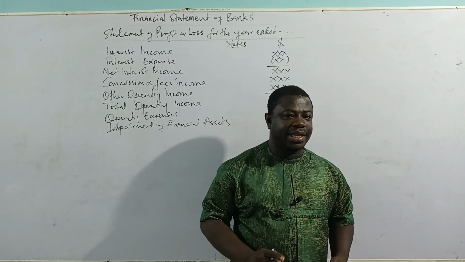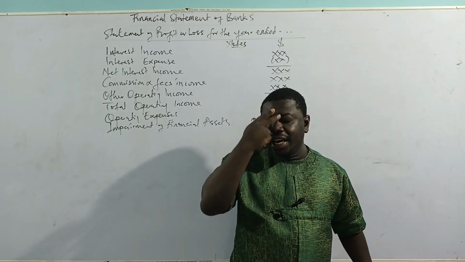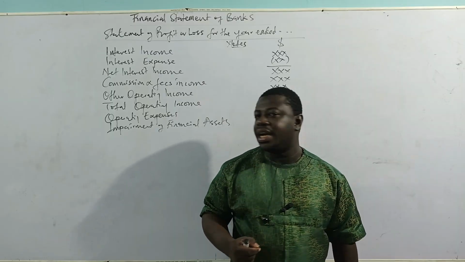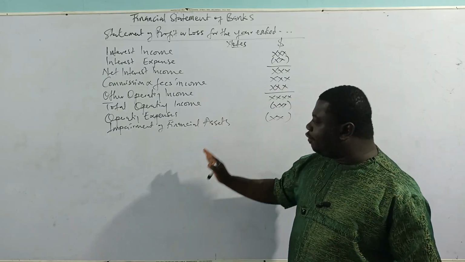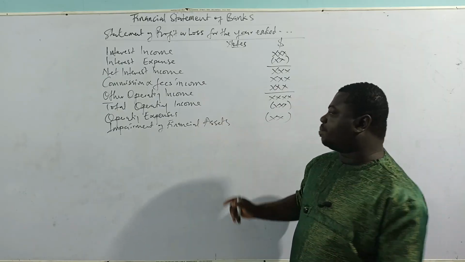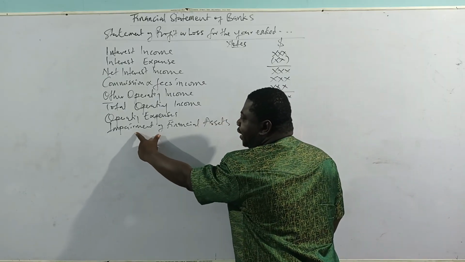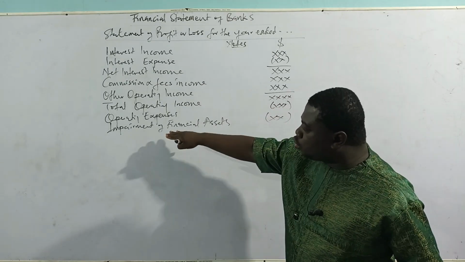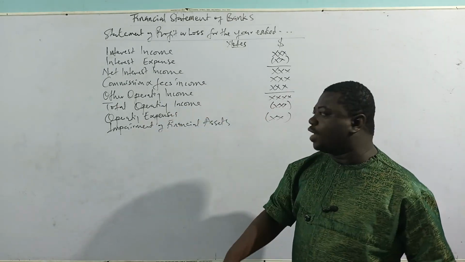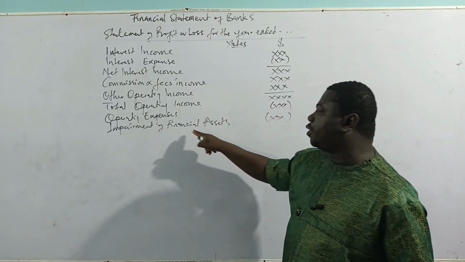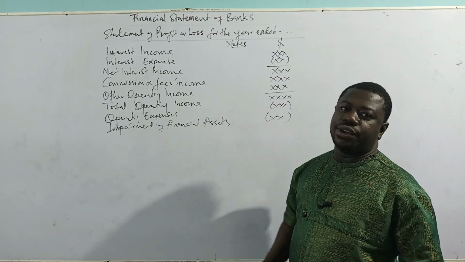They come in as an expense against the annual revenue of the bank, but it is not included in the operating expenses. Even though it's also an operating expense, it is shown separately. So you show your total operating expense with details in the note, and then you show any impairment of financial assets with details in the notes as well.